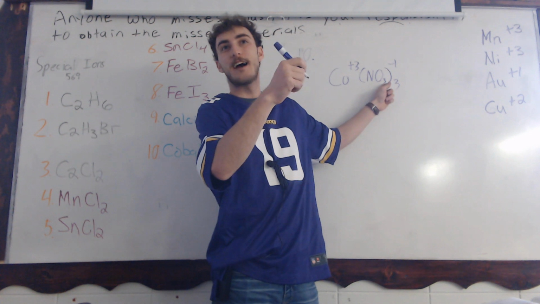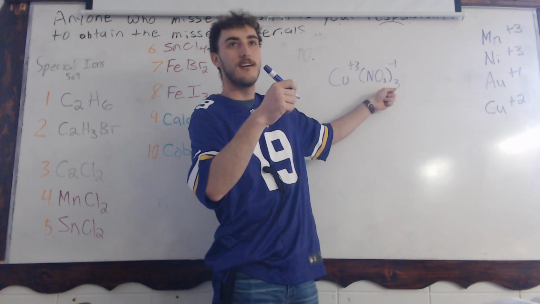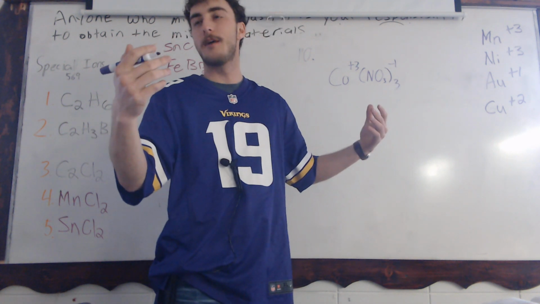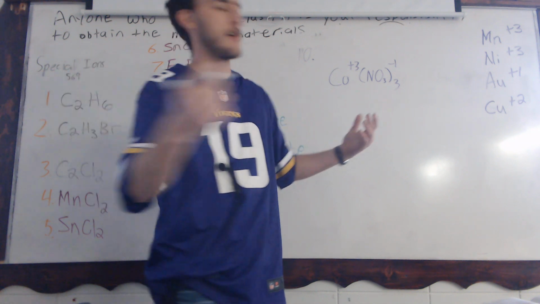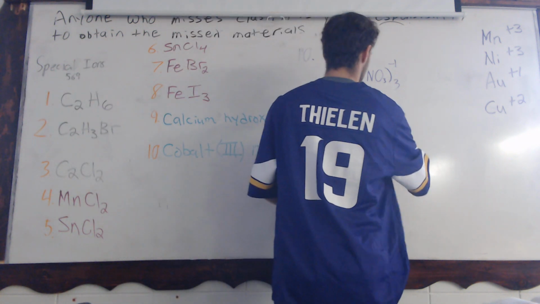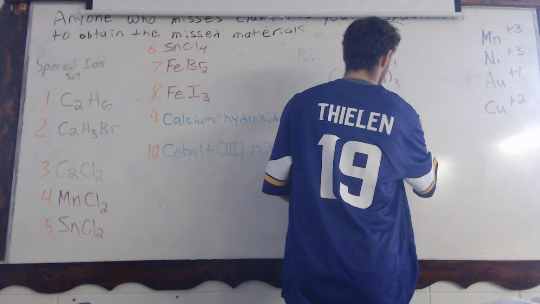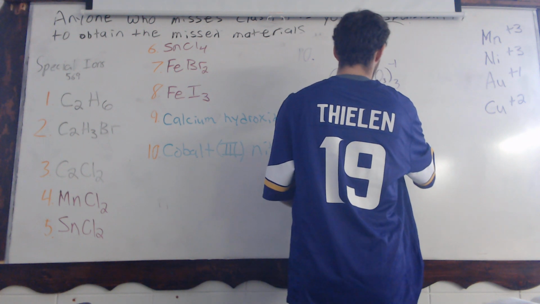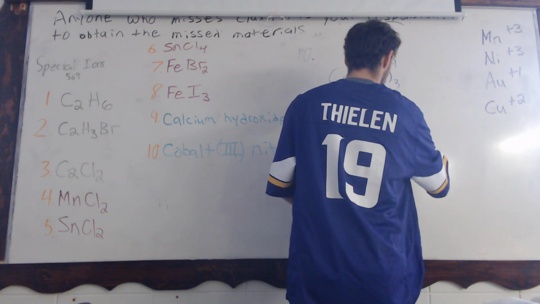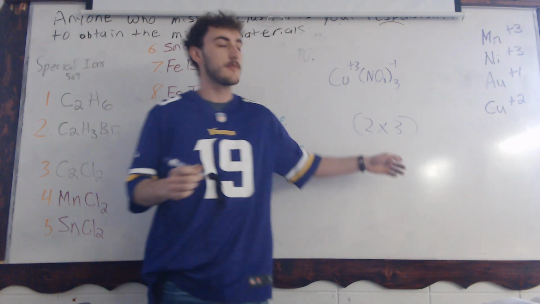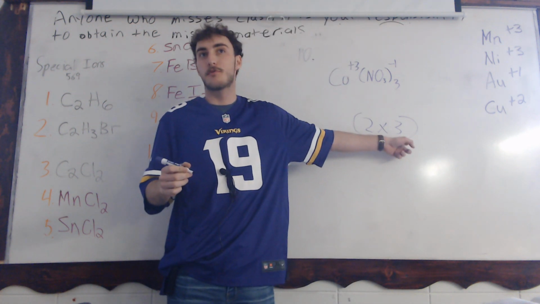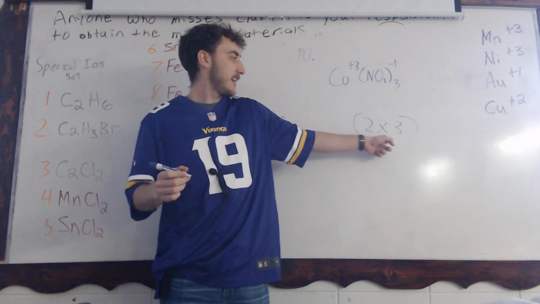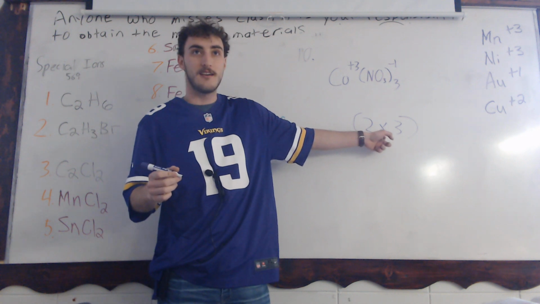Okay, back up here. So how many total? Let's think about it in math, right? Let's do a math problem. If I go 2 times 3 in parentheses, it's what?